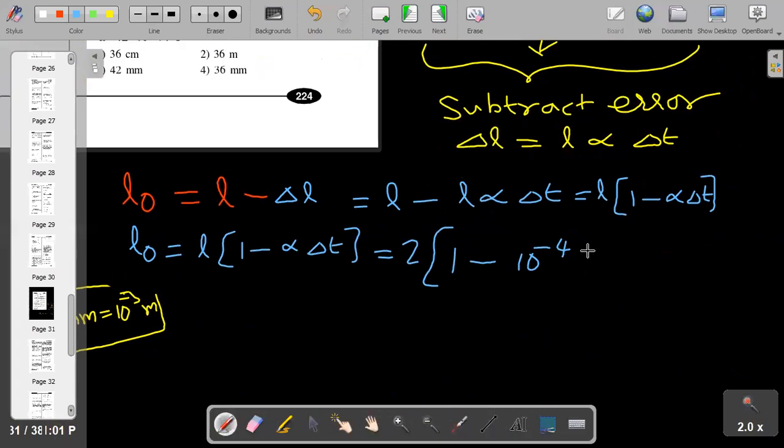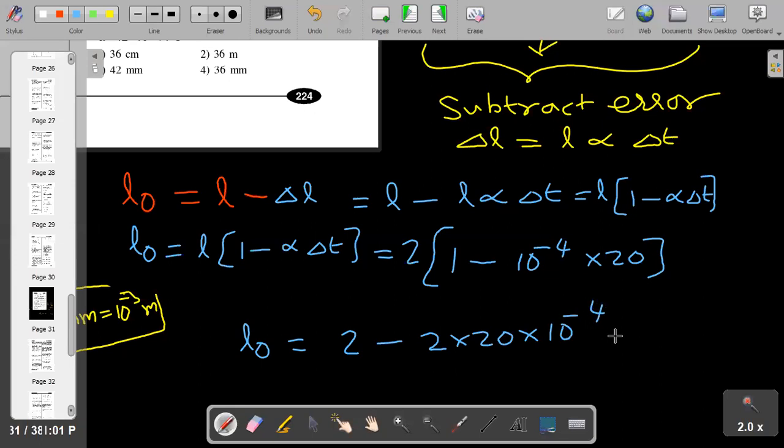So I am multiplying with 20. L naught is equal to 2 into 1 minus... Let me multiply this first, why keep it outside the brackets? 2 into minus 20 into 10 power minus 4. 2 into 20 means what should I write? 40. 40 into 10 power minus 4.